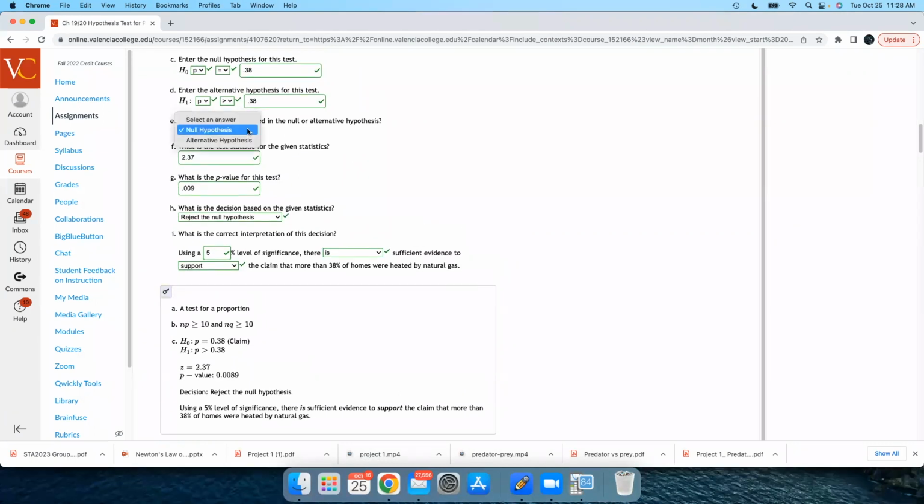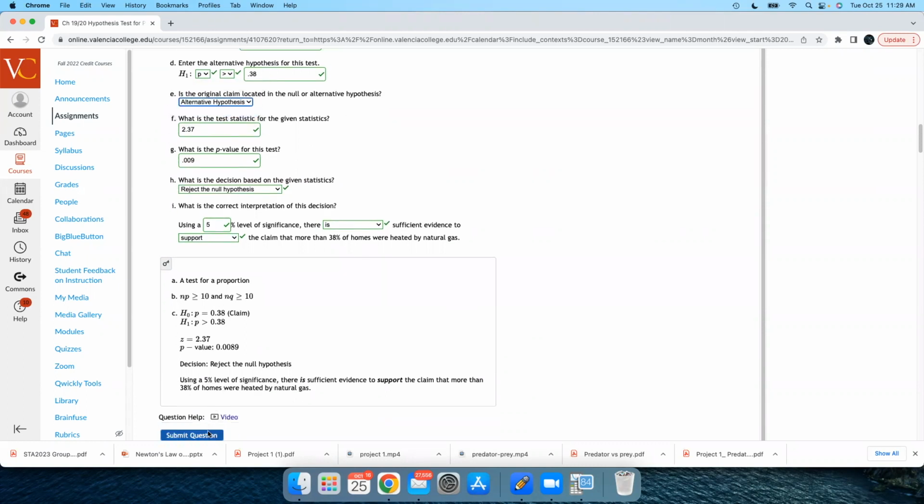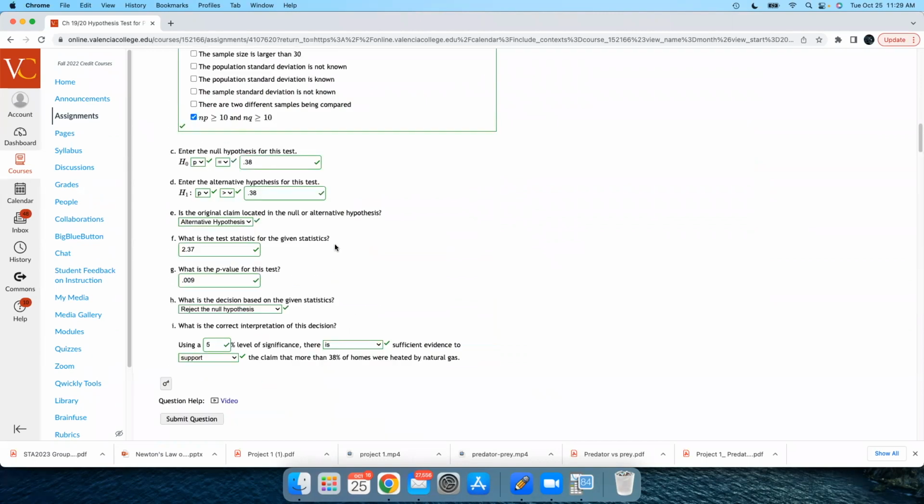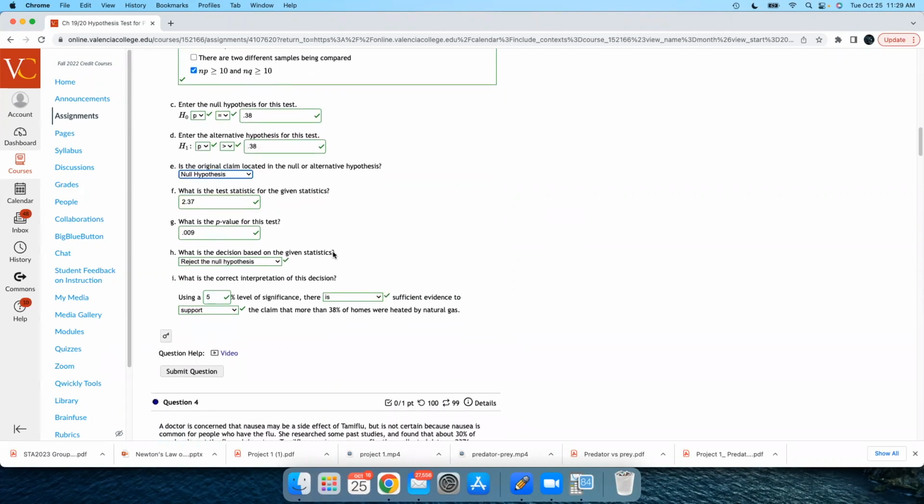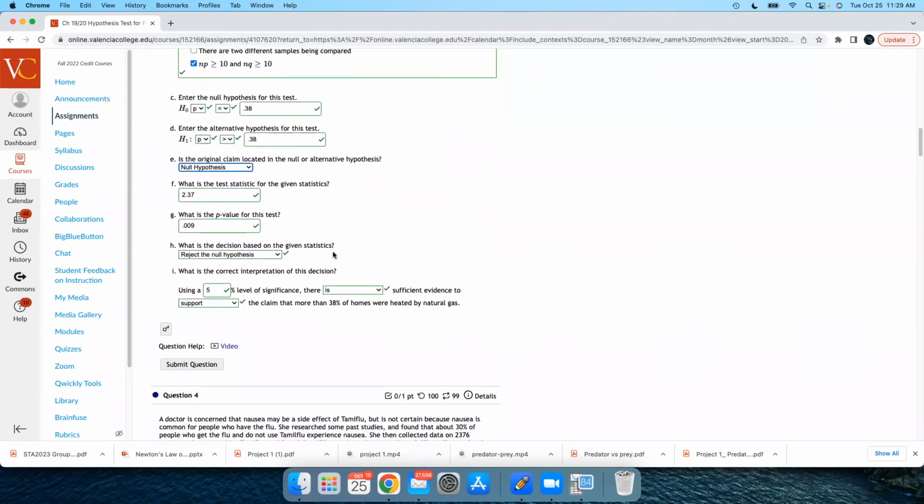Yeah, something's wrong with the code on this one. Look, it even says right there, there's the claim. I don't know why it's not giving me credit on that one. I just want to click that and see what happens. Yeah, I got it. Somebody goofed when they wrote this problem. That's not true. It was the null. All right, so I'll fix that.